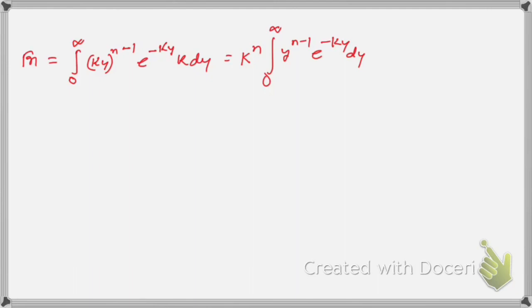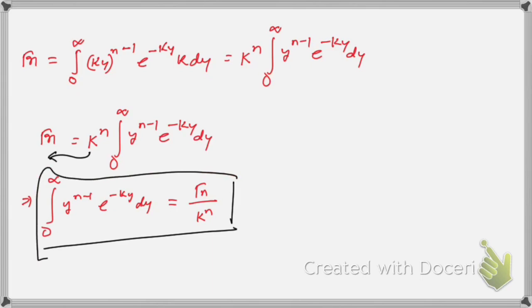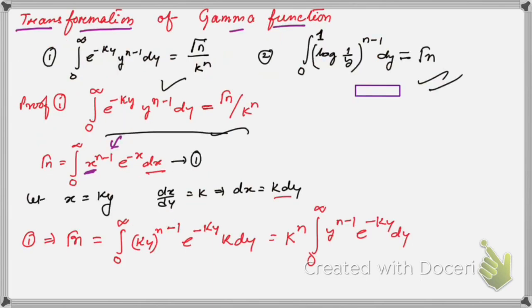This is the result we're going to have. So from here, if you simplify this, then you will get this result. So bring this one here. So this is the result we have. So this is what we needed to prove, right? So this first one is shown.